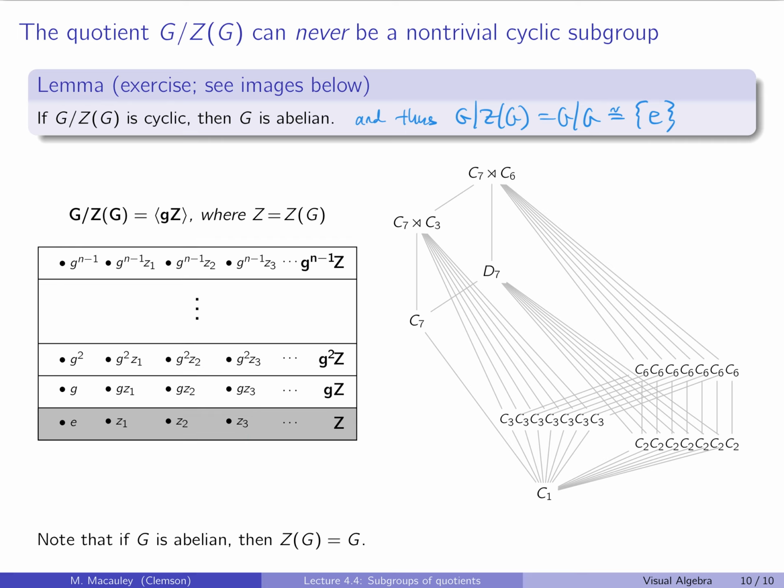So in other words, G is the set of elements of the form g to the i times z, where i is some integer and z is in the center of G. So why is this abelian? Well, let's take two elements.